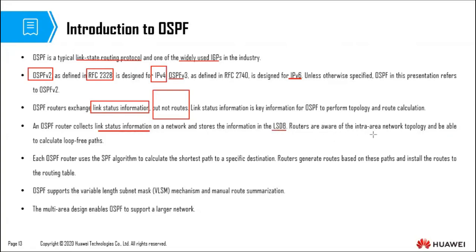Routers are aware of the intra-area. When you see intra-area, it means within an area. We're going to see something small about OSPF areas and be able to calculate loop-free paths.